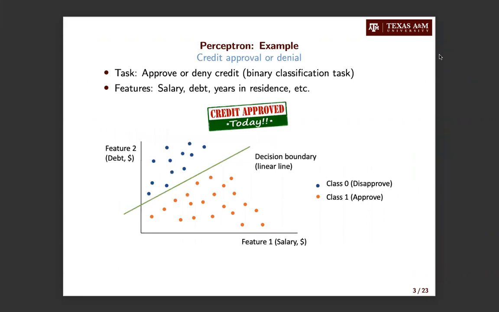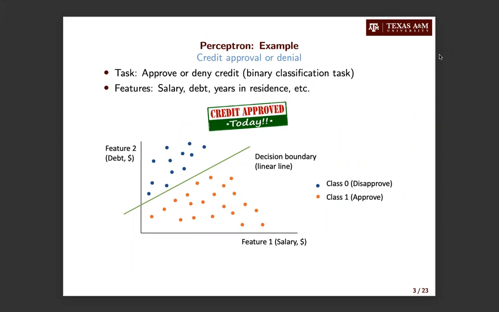So let's assume this example in which we would like to decide whether we will approve or deny credit for a person based on some of their attributes, including, for example, their salary, whether they have a debt, or their years in residence.